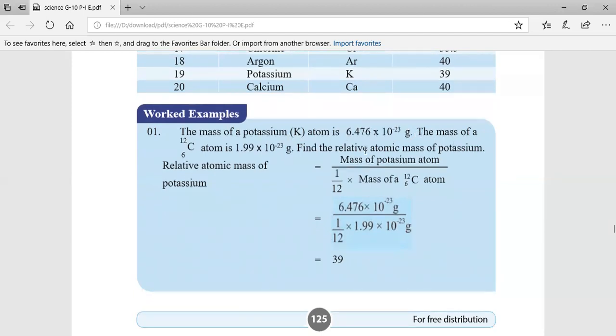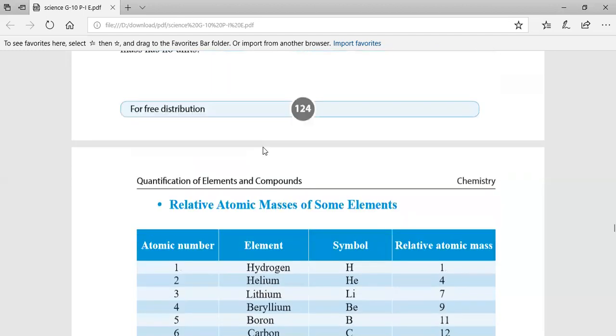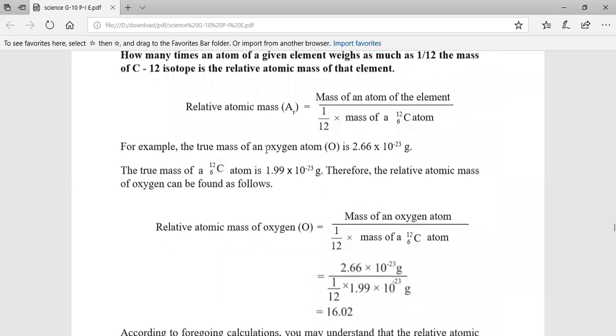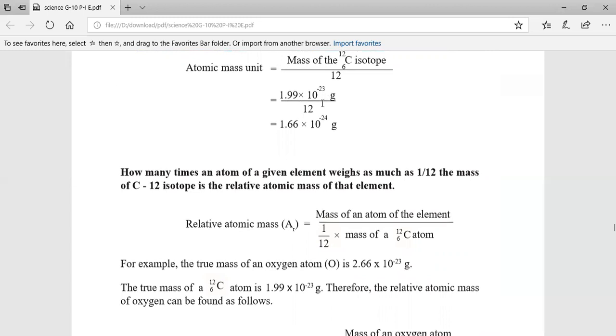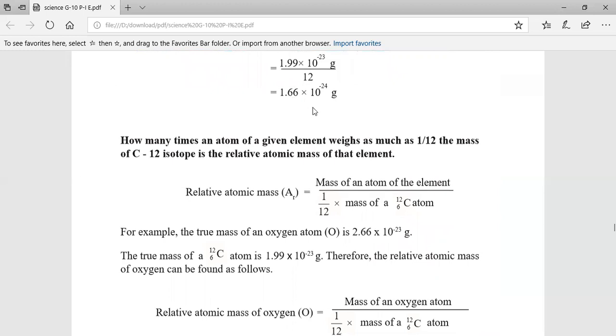The mass of the carbon-12 atom, its true mass, is divided by 12 to get the atomic mass unit.